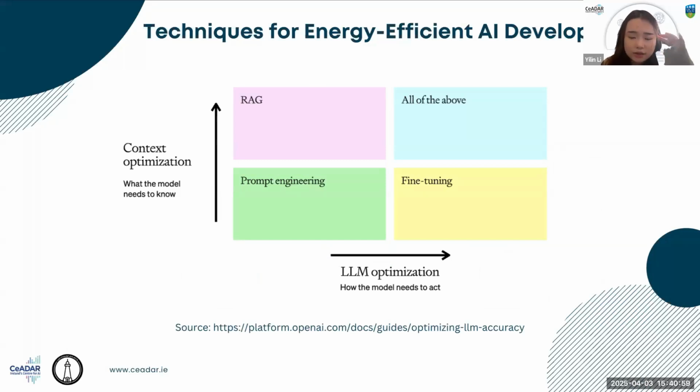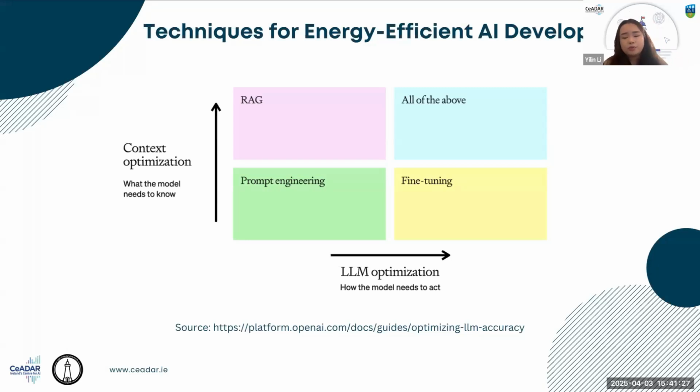And the second is, does the model need to behave differently? If you want to improve what the model knows, you can use prompt engineering for small tricks, or RAG, retrieval augmented generation, to bring in an outside knowledge database.